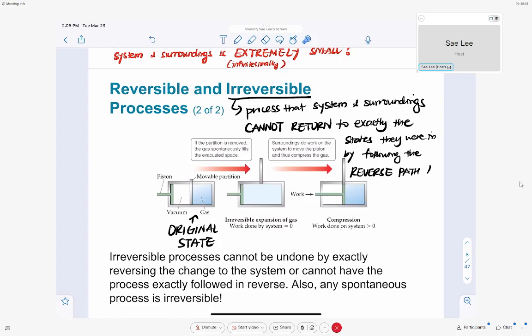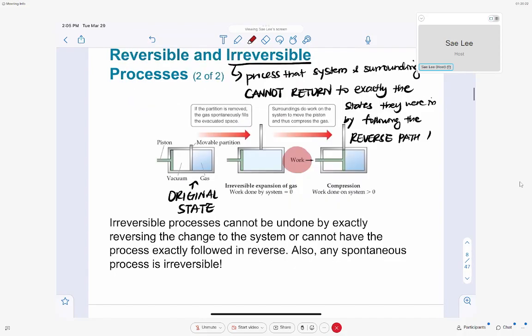Okay, so to sum up the irreversible process, if energy needs to be applied to restore the original state, then the process is considered irreversible. Okay, I'm going to write that down.